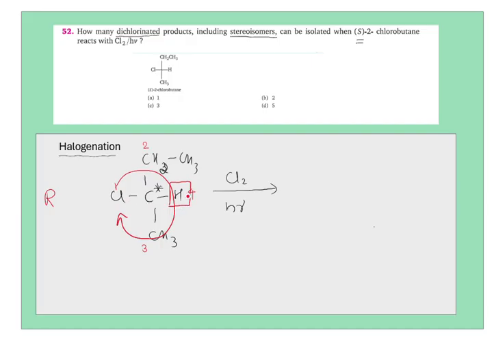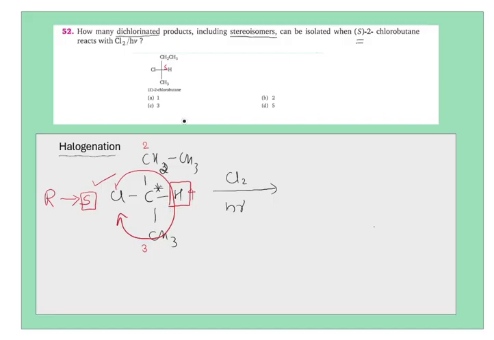The 4th priority group is in the horizontal position. Therefore, R will become S. If the 4th priority is in the vertical position, R remains R, S will remain S. Therefore, the given molecule is S. You don't have to do this in the exam because the question already says it is S. This is just for your information, to understand what exactly S is.